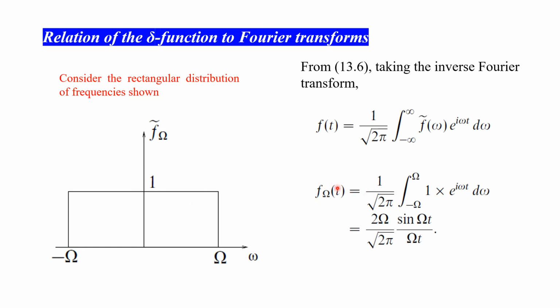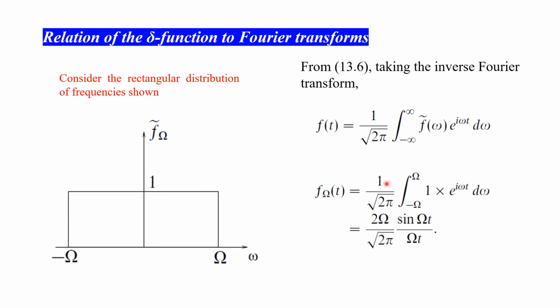So you have your F omega of t, the inverse of your Fourier transform, is equal to 1 over square root of 2 pi times the integral of 1 times e to the i omega t d omega, evaluated from negative omega to positive omega. So you can just evaluate this one. As you can see, you just have your e to the i omega t d omega.